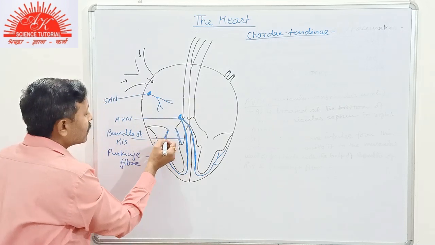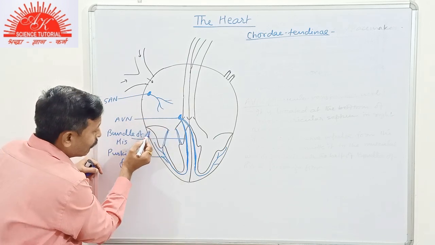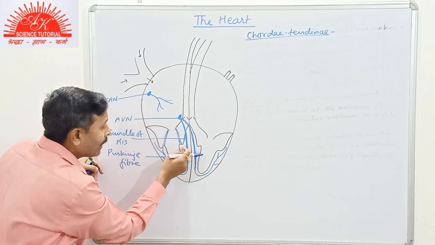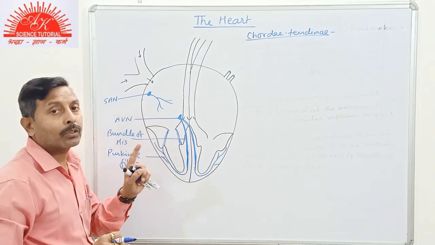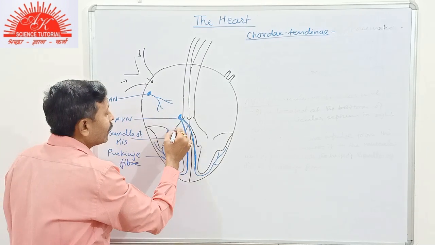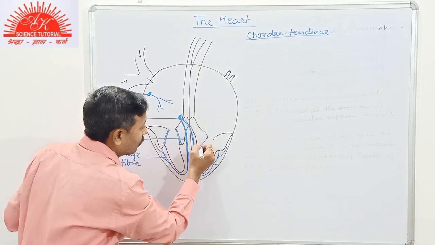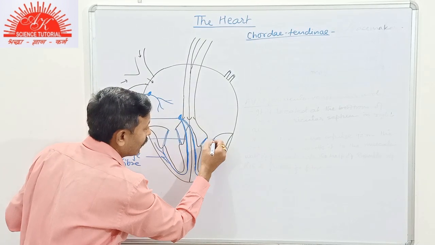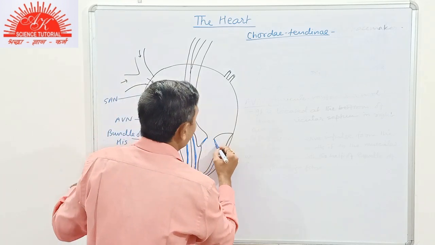Now this is the chordae tendini, that is the muscular wall of ventricle has an elevated portion of muscular wall called papilla. So this is ventricular papilla. So it is joining or connecting the flaps of tricuspid and bicuspid valves on both sides here.